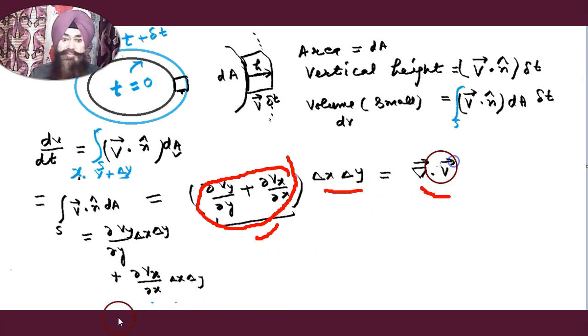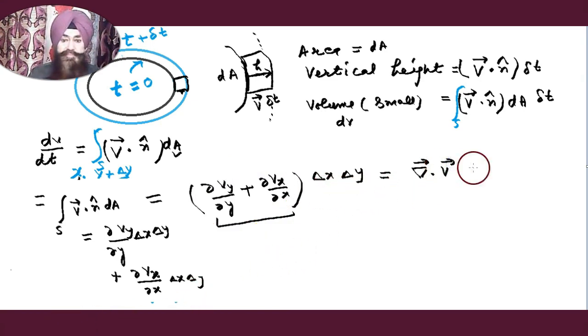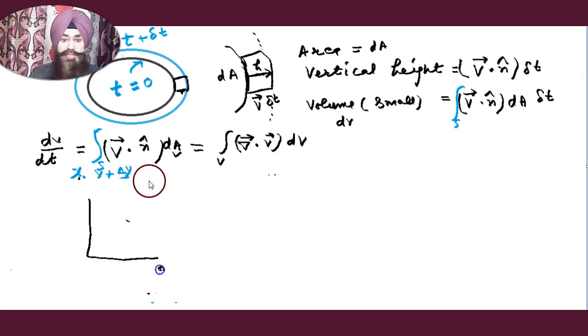And then delta x, delta y, delta z in 3 dimensions actually becomes the volume dV. So we change the surface integral, here it was the surface integration, and converted it into the volume integral.